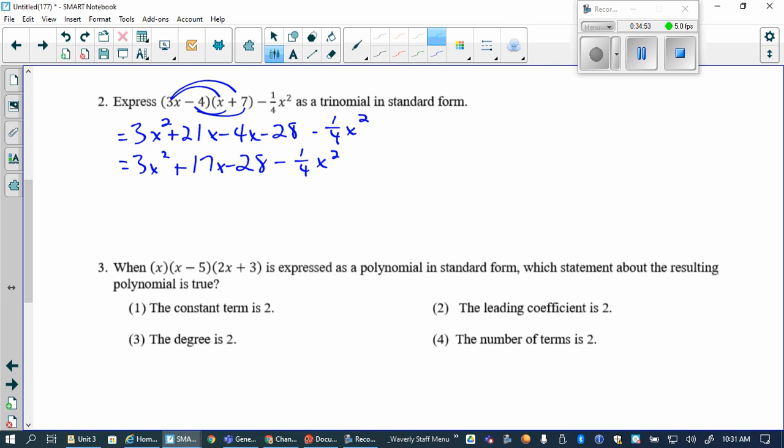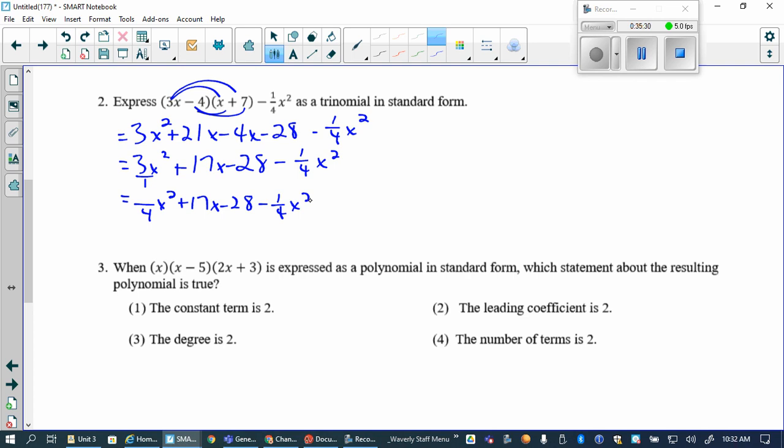Anybody get a final answer? You can't take that 3x squared and subtract 1/4 x squared. Okay. Well, that's 3 over 1, right? We need it to be over what? Over 4, don't we? Right?